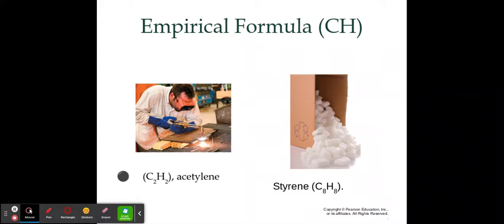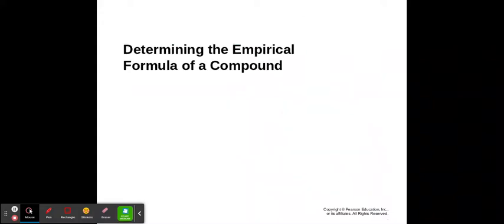CH can have 2 additional molecular formulas, like one, acetylene, which is used in cutting thick pieces of metal, and styrene. Okay, if you reduce acetylene, divide each one of these by 2, you'll get CH. If you divide both of these by 8, you'll get CH. Okay, so that is the empirical formula. All right, just to give you a basic example.